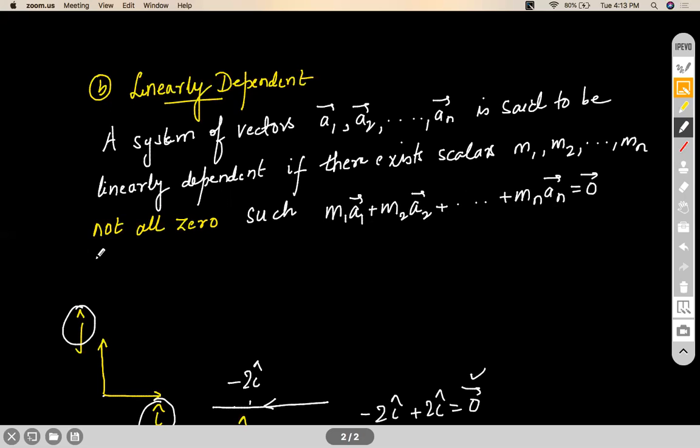Okay, this is very important, not all 0. So there is some scalar quantity, not all 0, such that a linear combination of a1, a2 till an can be expressed as a null vector without making these all 0. So there would be some non-zero m1, m2, etc. values also in this case.